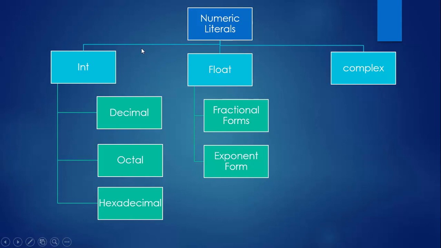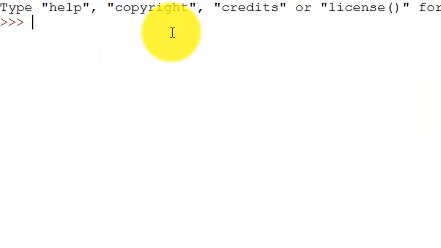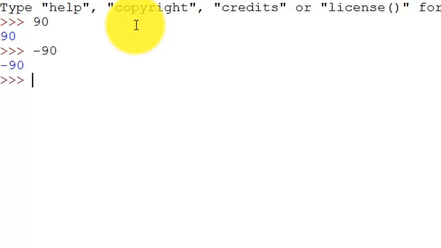So I'm going to switch to my IDLE. First of all, we are going to discuss what integers are. Integers are simple values, for example 90. 90 is a numeric value, and it can be a negative or a positive value. So all the values are allowed.